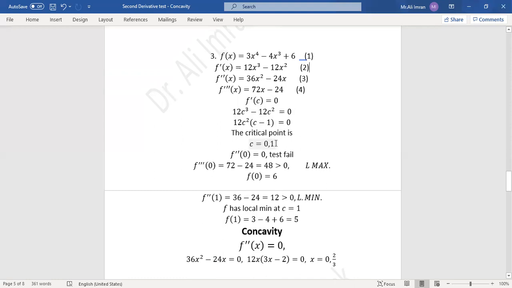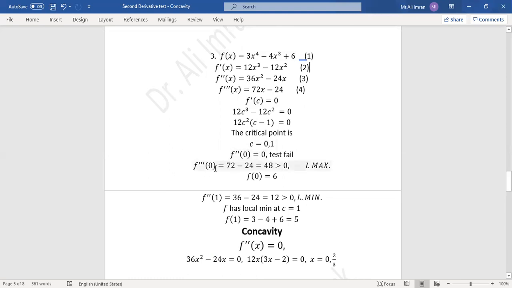Now in order to check local max or local minima, we will put this in equation number 3. If we put f double prime of 0 in equation number 3, we will have 0 and the second derivative test fails at this.